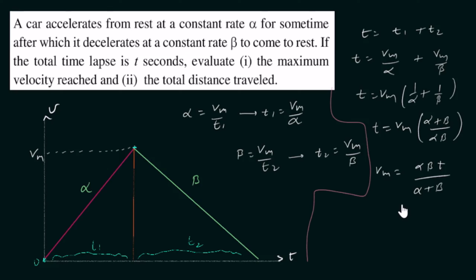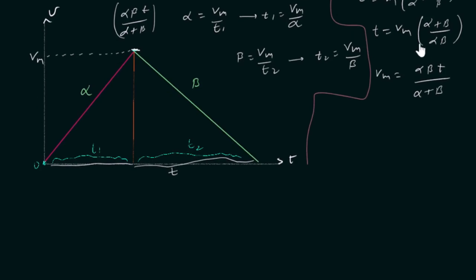Okay, now we have to find total distance traveled, right? So for that we know that here the maximum speed is alpha beta t divided by alpha plus beta, and this particular base, basically total time, is t. Okay, so as we know that area under the velocity time graph gives us the total distance traveled, right?